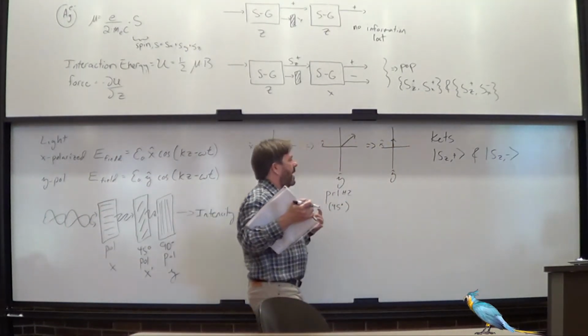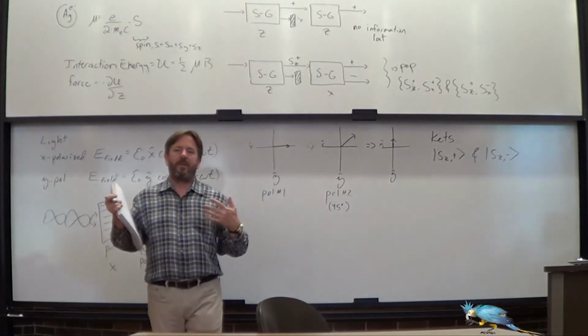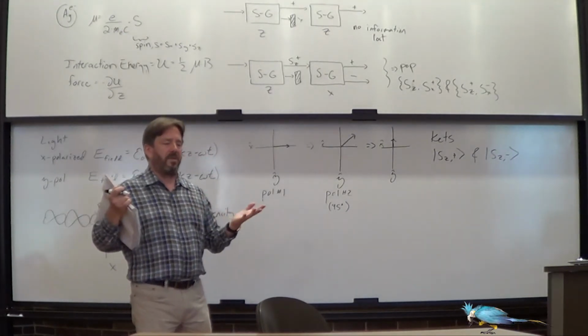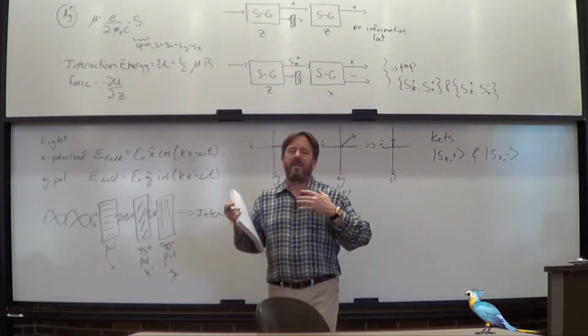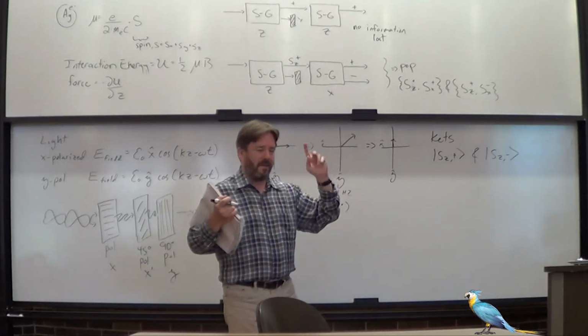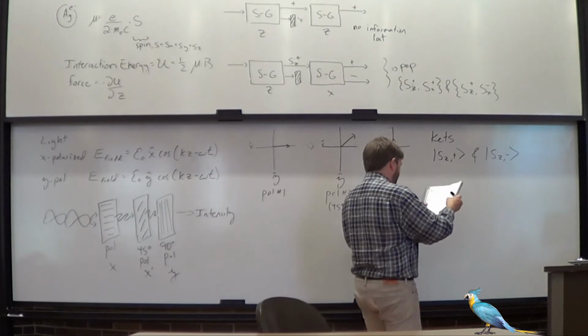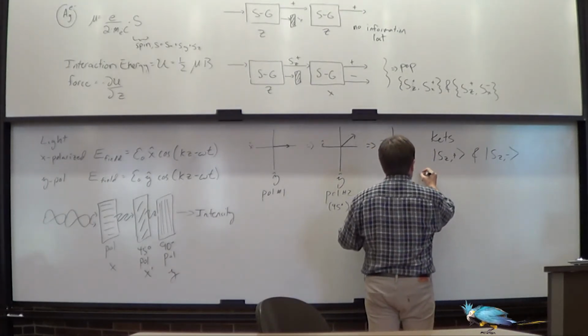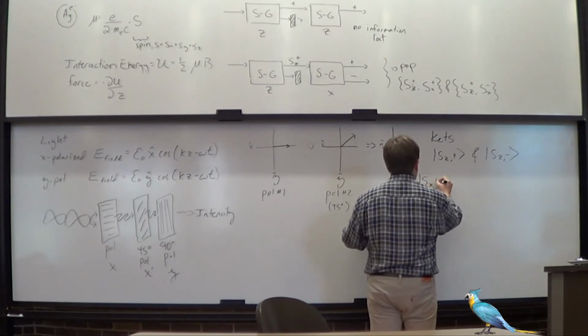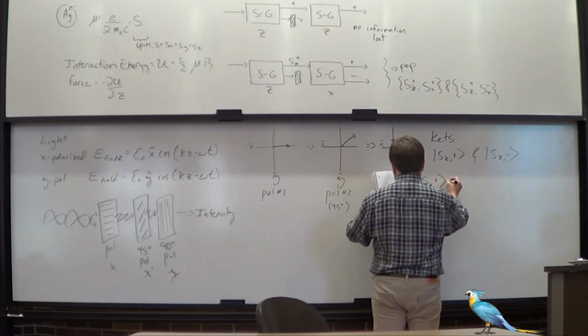So I'll do everything in the SZ basis. And remember, these letters are arbitrary. I could also do this in the X basis, but I'm just going to choose Z because we humans tend to think of Z as special because of gravity. It's obviously not, for the reasons I've said. Okay, now in terms of spanning all space, that means I've got to be able to do SX plus.